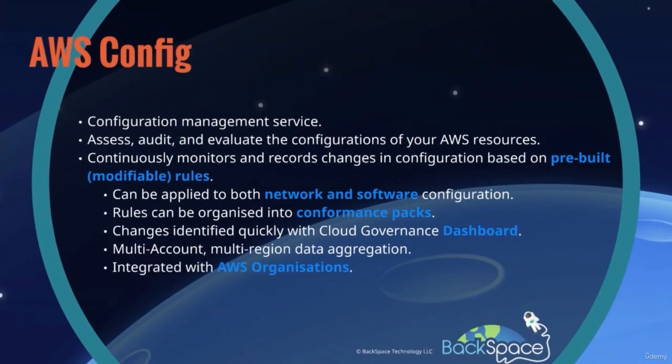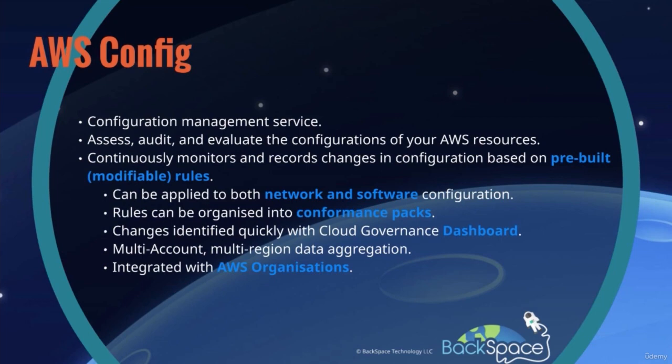It is one thing to be compliant with a standard at a point in time, and it's another thing to be able to maintain compliance with that standard when your infrastructure is changing and your software is being updated. And so that's where AWS Config comes in.